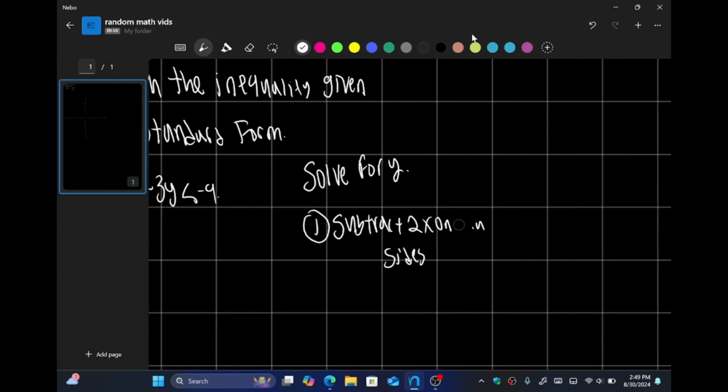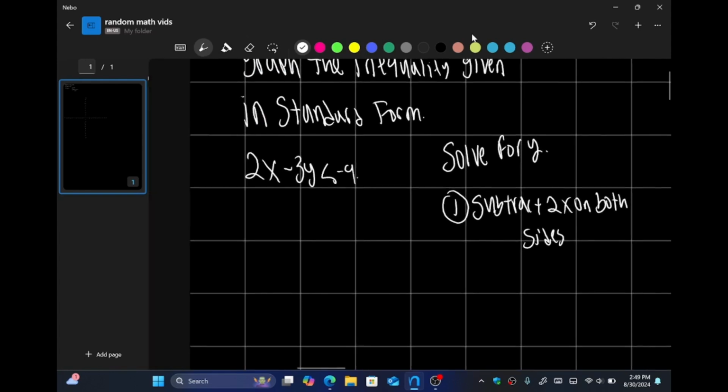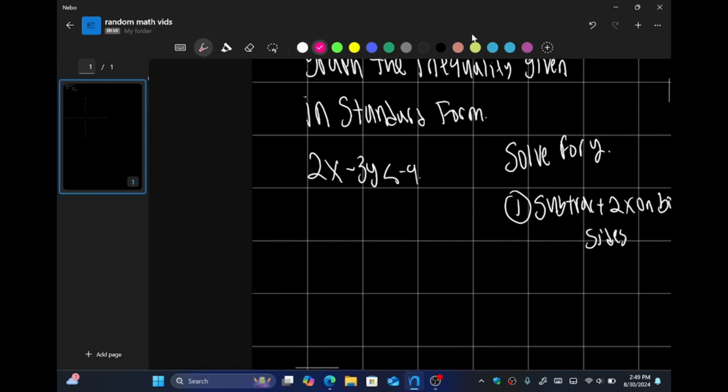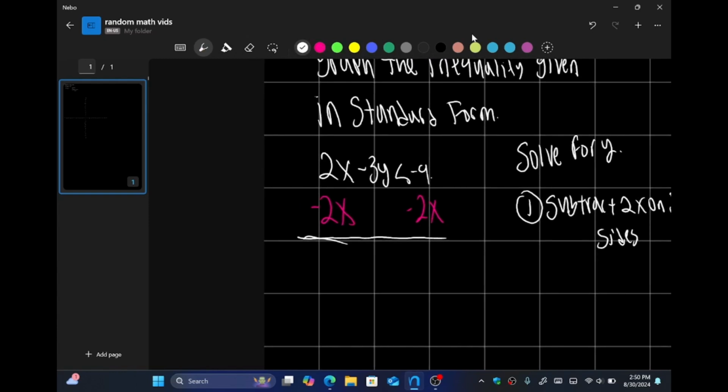And sorry for my handwriting, guys. Minus 2x on both sides, we get negative 3y is less than negative 2x minus 9.